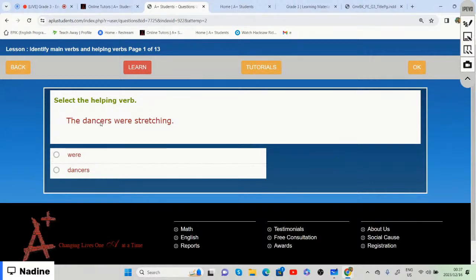It says the dancers were stretching. So the dancers were stretching. We need to select the helping verb.